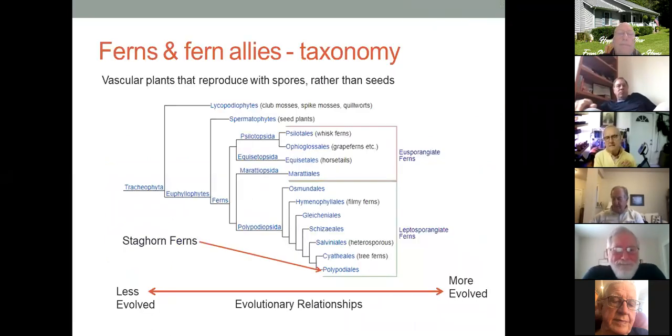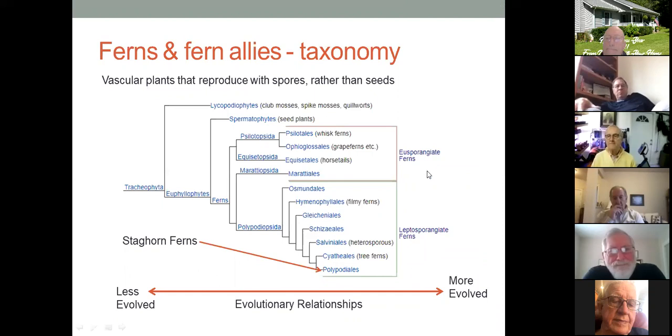I was going to start off today by showing you a bit of taxonomy here, and where ferns actually fit in the plant kingdom. Of course, this may be repeat or review for a number of you, but if you look at all the vascular plants, which are called the Tracheophyta, there's a division between ferns and the seed plants, which is a major category or two categories in the kingdom.